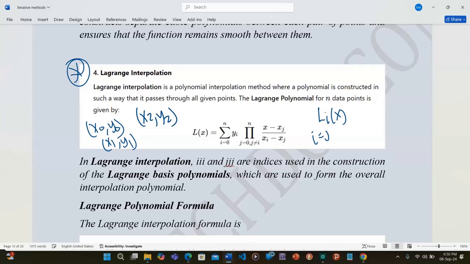But where j is equal to i, that multiple is going to be 0.